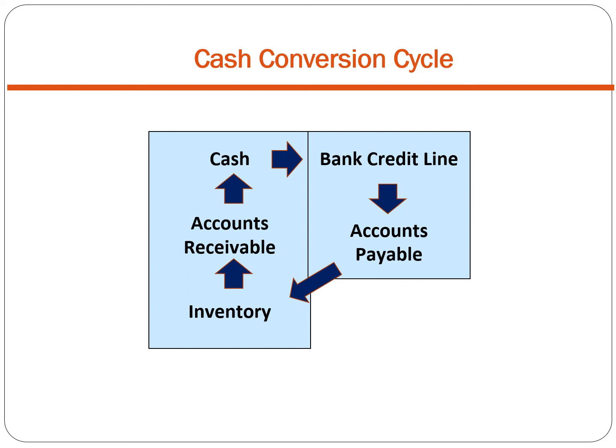In the generic version, the cycle begins with the acquisition of inventory financed by accounts payable. Inventory is eventually sold on credit, becoming accounts receivable, which is eventually converted back into cash.